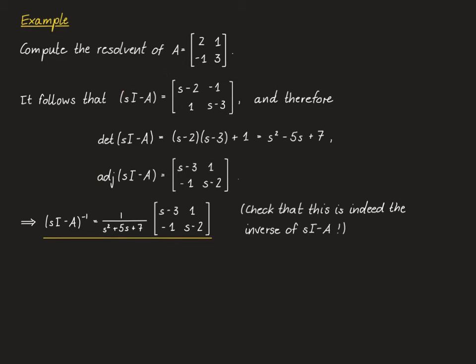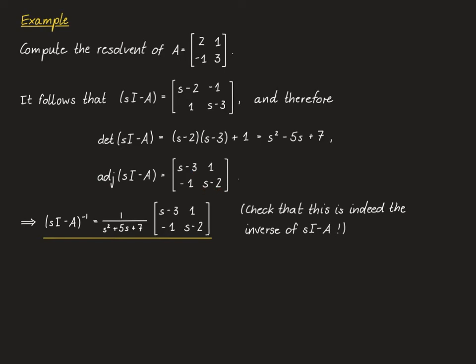Before we continue, I would like you to observe that every entry of the adjugate matrix is a polynomial of degree 1, which is naturally the case by the very construction of the adjugate matrix using the minors of the matrix sI minus A. Since A is a 2 by 2 matrix, the maximum order of polynomials that will appear in the adjugate matrix is order 1.